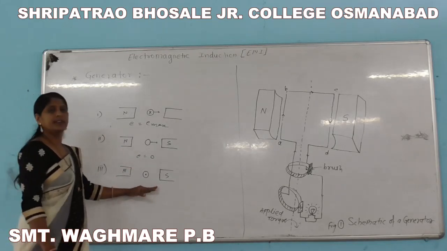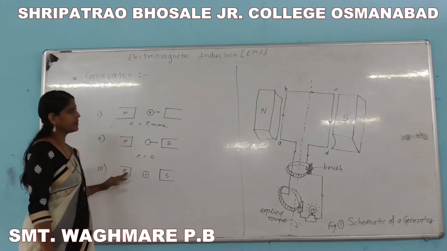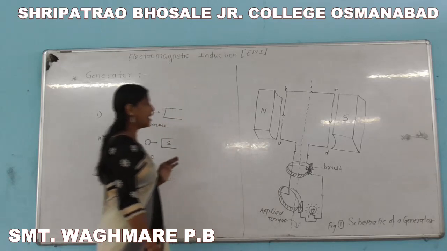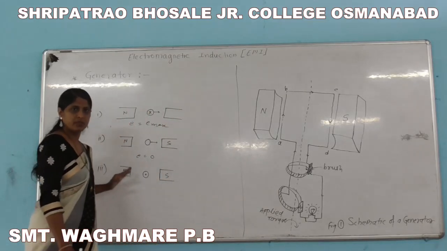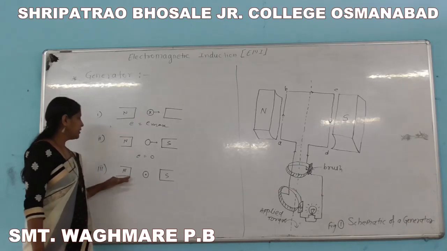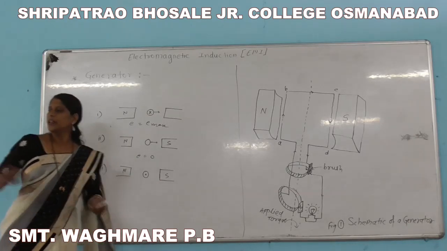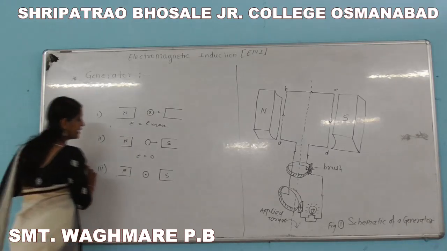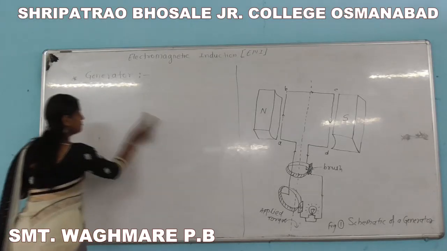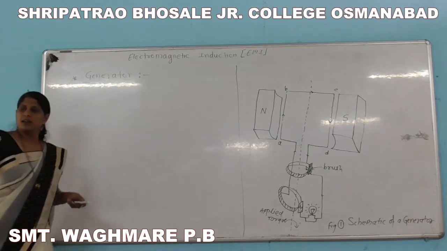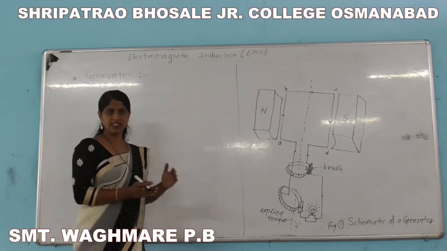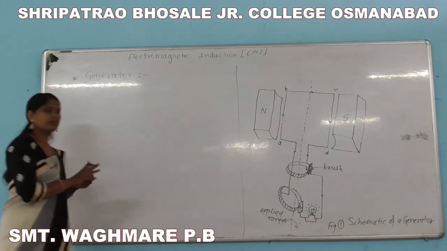And when side AB comes across to this side and the coil rotates 180 degrees, then the EMF induced will be maximum, that is E will be maximum, but the direction of current in the first case and the direction of current in the third case will be opposite.